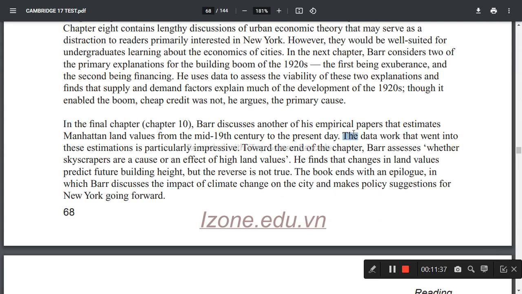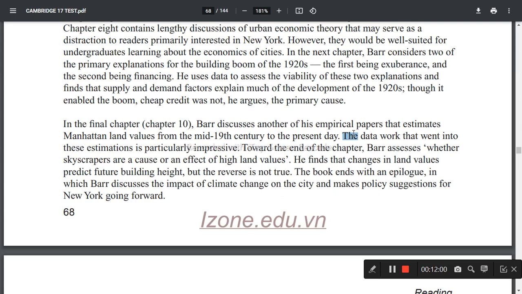The data work asks whether skyscrapers are a cause or an effect of high land values. He finds that changes in land values predict future building height, but the reverse is not true.